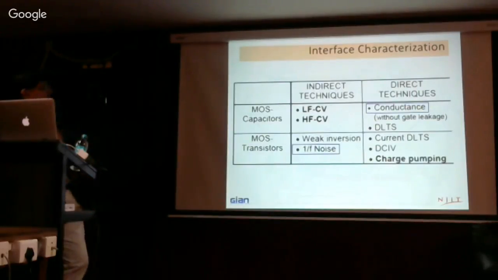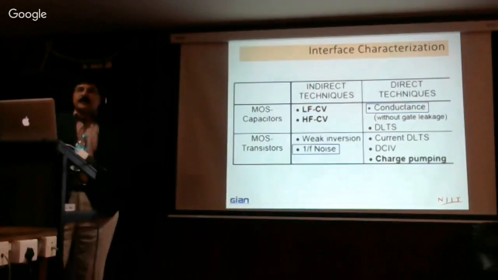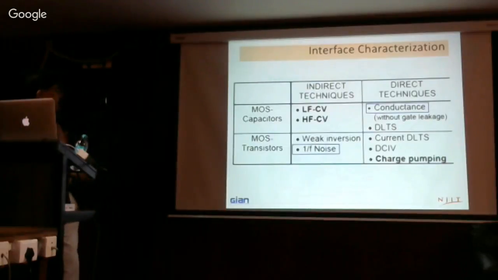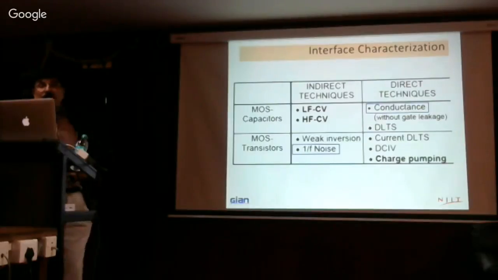And then there is a measurement technique called deep level transient spectroscopy, DLTS, that also works a little bit. People use DLTS measurement to estimate the DIT. And in a MOS transistor, in weak inversion, 1/f noise is also used to calculate it, because 1/f noise is directly related to the defects very close to the interface.